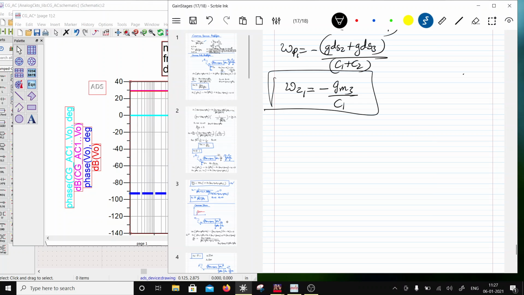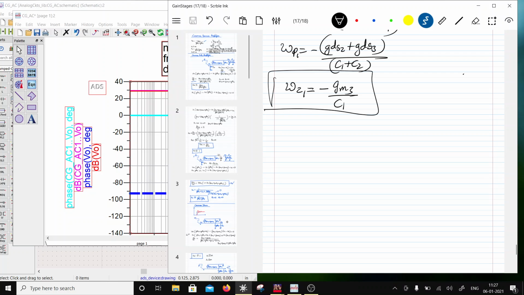Okay, so what we have learned from this? We have learned from this that if you have a common gate, you have a pole which is because of just a single pole you have. So you have a roll off of 90. And then there would be a second pole very far away because of the input node C in, right?